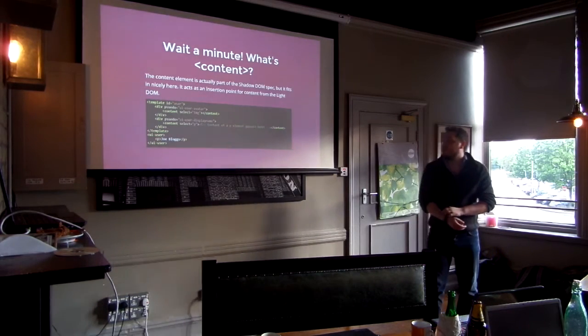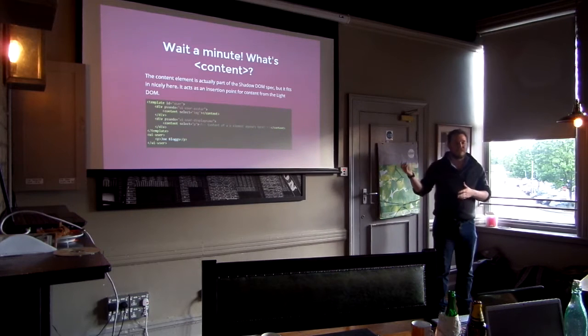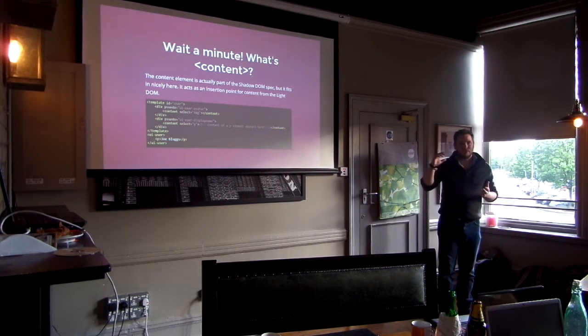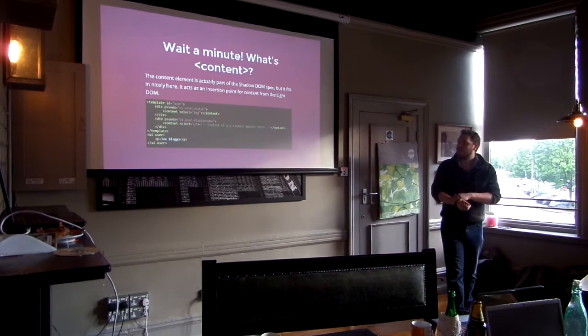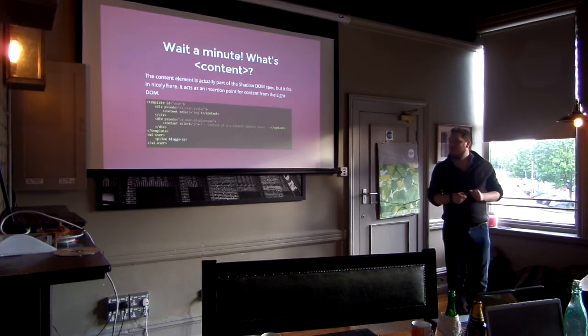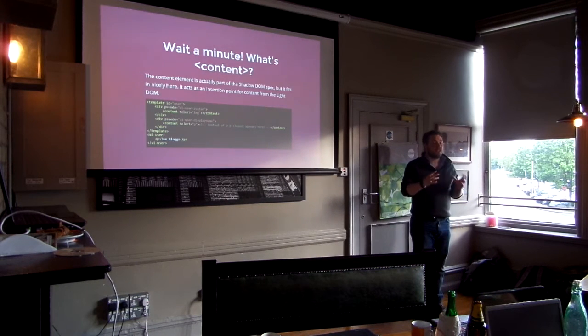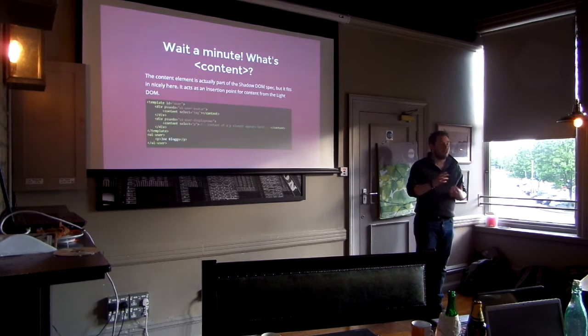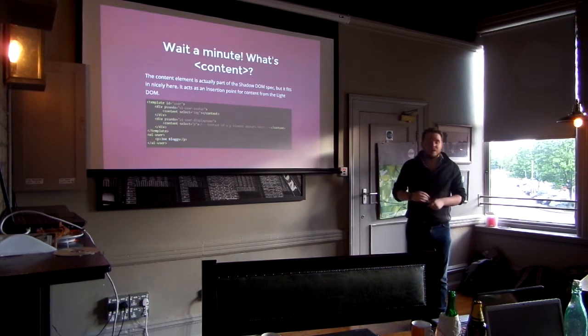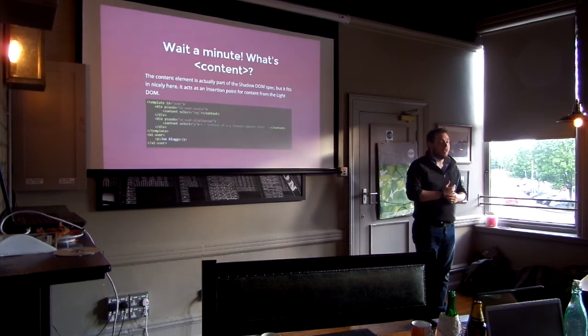The content element is actually part of the Shadow DOM spec, but it fits in here nicely. Going back to what Sam was pointing out about being able to print into it, it acts as an insertion point. Some of the libraries that wrap the template stuff will allow for Mustache-type behaviours, auto binding, things like that. But we can just as easily do that with JavaScript.